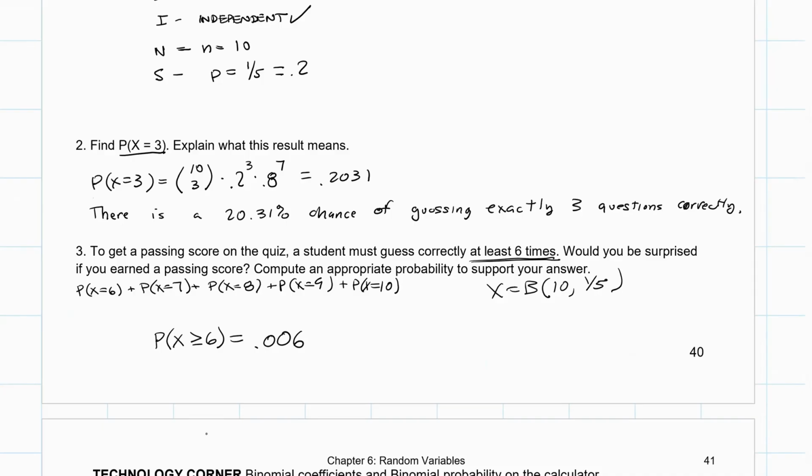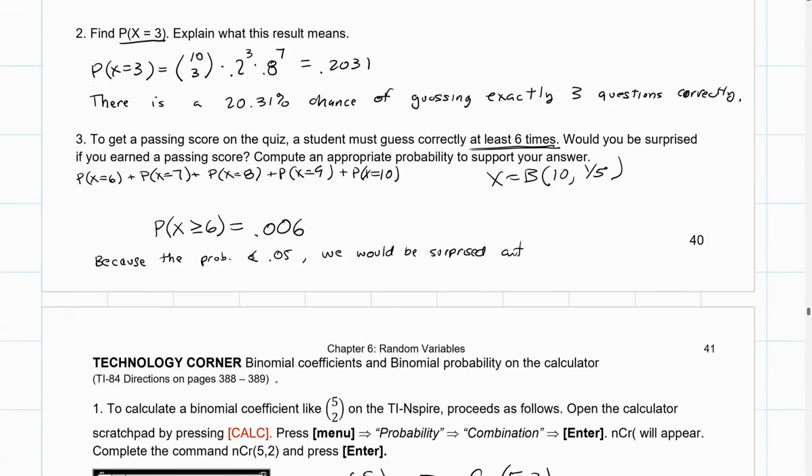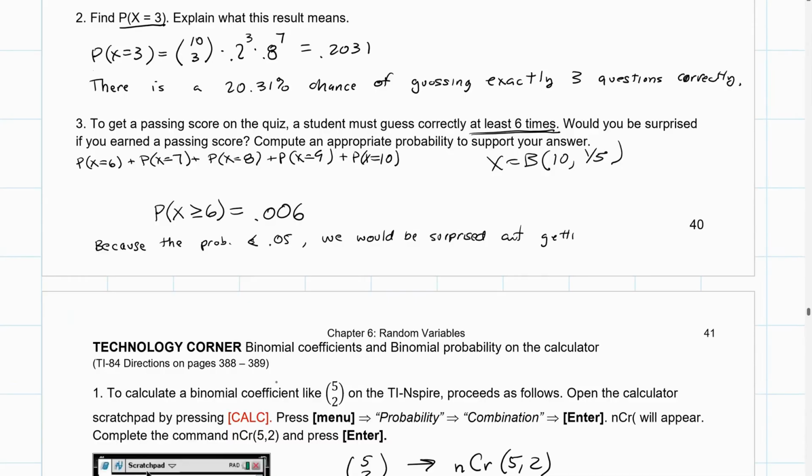And again, because the probability is less than 0.05, we would be surprised at getting six or more correct.